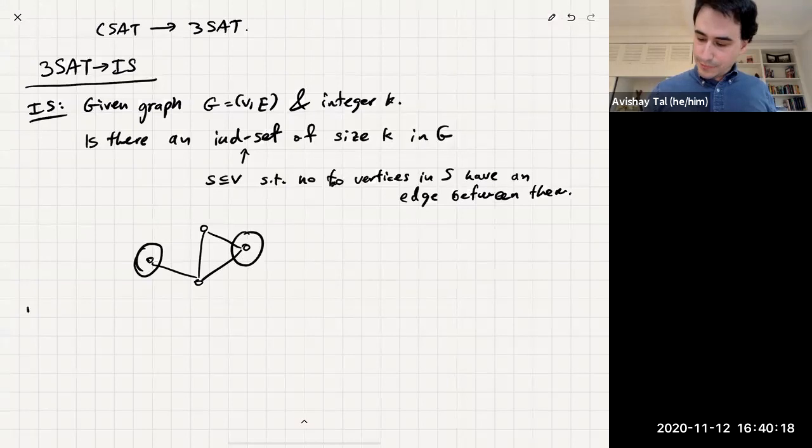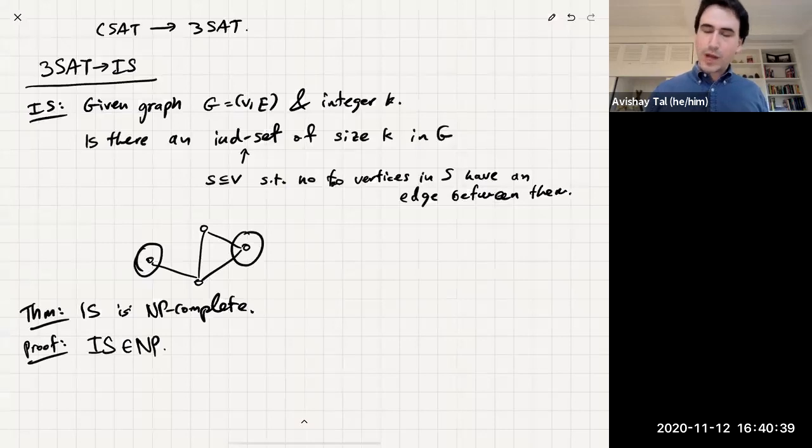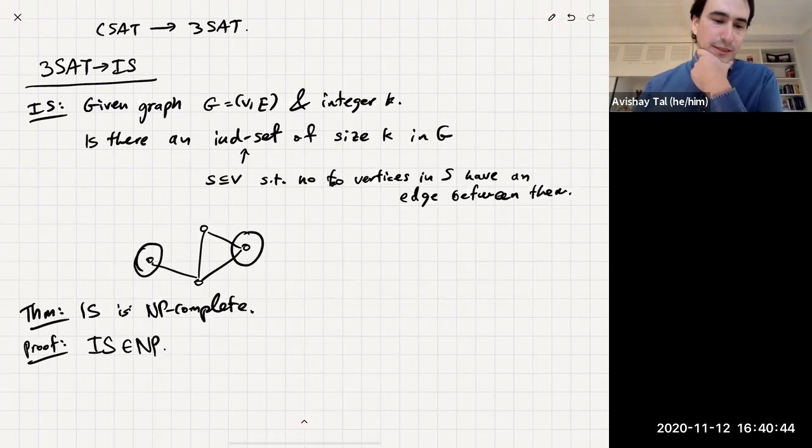So the theorem is that independent set is NP-complete. Let's see why. The first thing is we need to show that independent set is in NP. That's the usual, easier step that we need to establish. So why is it the case that independent set is in NP?